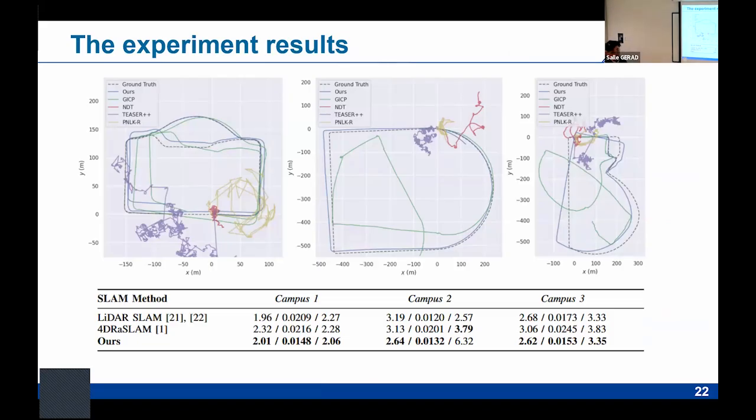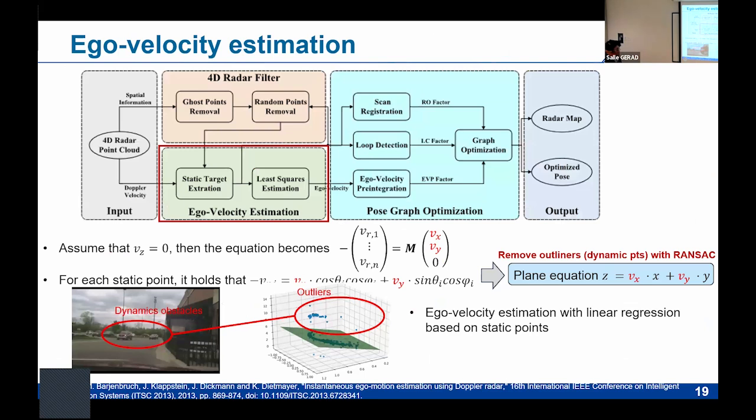You do need pre-integration, but you don't use an IMU because the radar has Doppler velocity, so you can have an estimation of the velocity itself. So you're not combining with any other sensor? You still have a LiDAR and a camera? No, you're not combining.